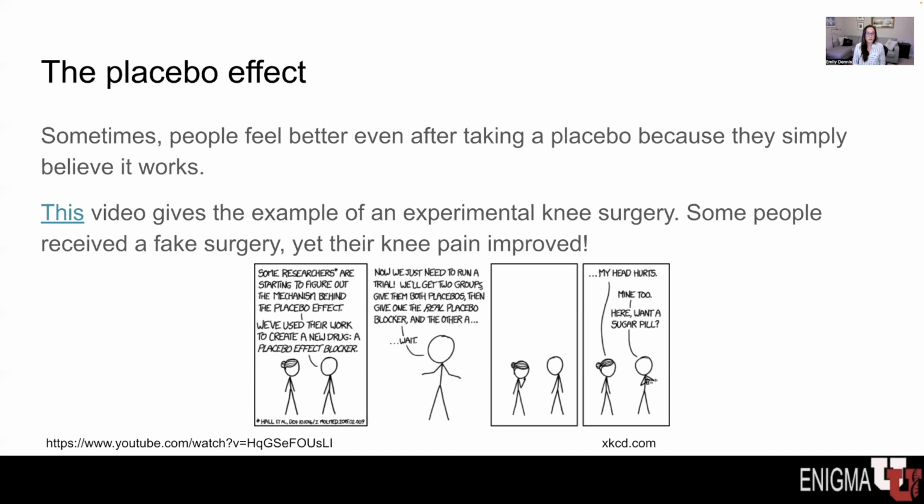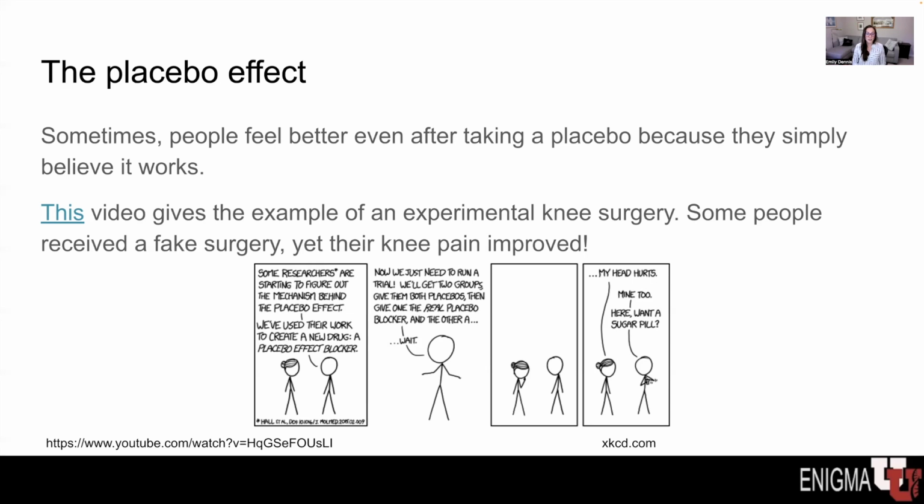A little bit more about the placebo effect. So sometimes people feel better just taking something as opposed to taking nothing. So if you gave them a placebo, a sugar pill, and they think that it's going to work, then they might actually see a difference in their symptoms.